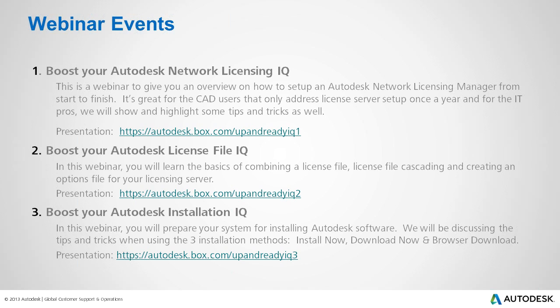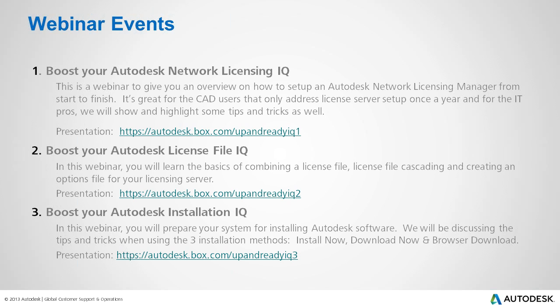So up until now, we had three webinars. The first one was Build Your Autodesk Network Licensing IQ. In this webinar, we discussed things like how to set up a license server and many other tips and tricks one can come across when setting up a license server. The second one was related to how to build the license file.